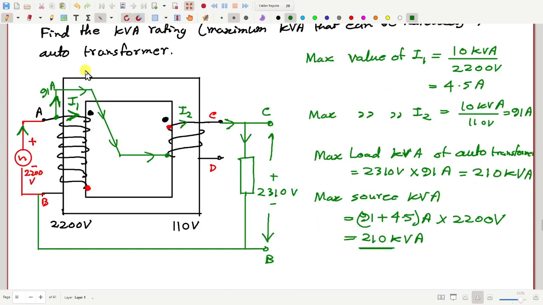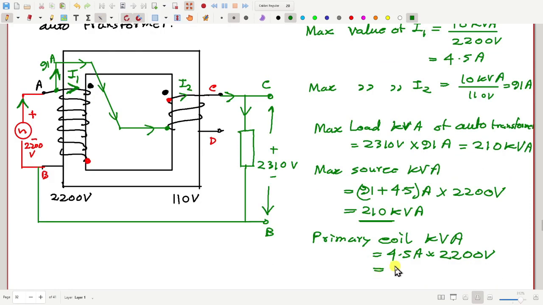But if you look at any particular coil of this transformer, say the primary coil, how much kVA is handled by this primary coil? The primary coil is handling how much current? I1, that can be maximum 4.5 ampere, and the voltage across the primary coil is 2200 volt. So that will be 10 kVA only.